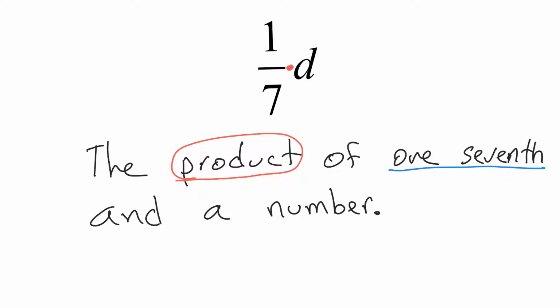We say 1/7, and what are you multiplying by? A number. So a number here is your variable d. So this is an example of the sentence. There's other ways you guys can write it, but this is just one sentence that represents that expression.